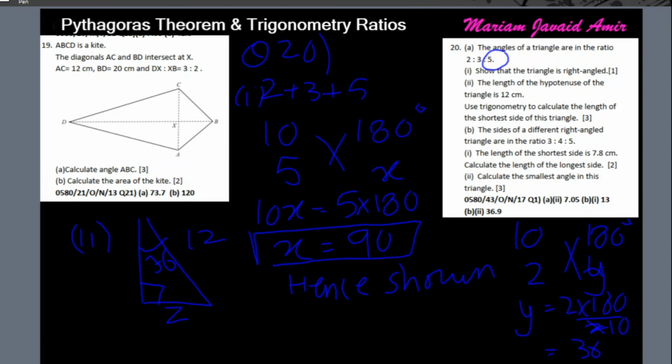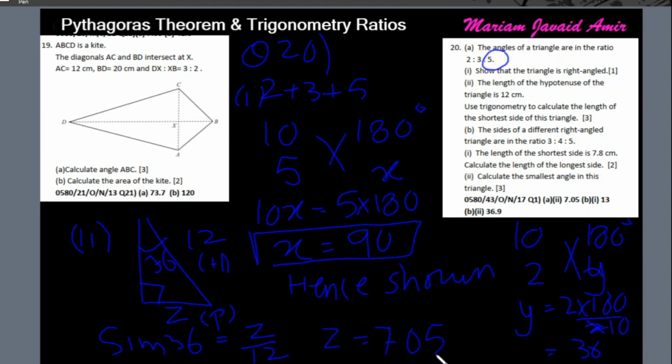Let's call it Z. So I'm bound to use trigonometry. This will become perpendicular and this will become hypotenuse, so I'll use sine theta. So sine 36 equals Z over 12. So Z will be 12 times sine 36, which gives me 7.05, which is not the answer.